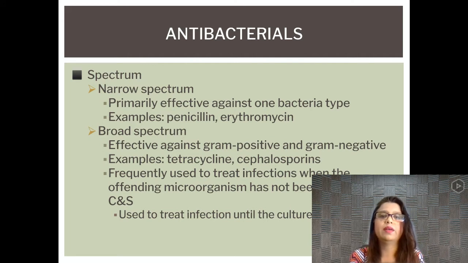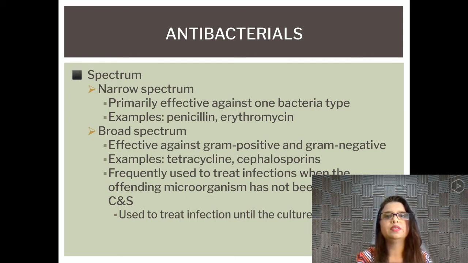Antibacterials. So let's start with classification by spectrum. Now there's something called narrow spectrum and something called broad spectrum. Broad spectrum is effective against, broad means bigger, right? Bigger spectrum means more coverage, big coverage. So what does it mean?